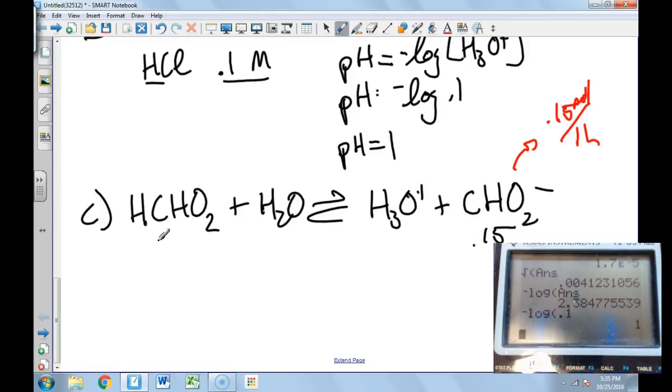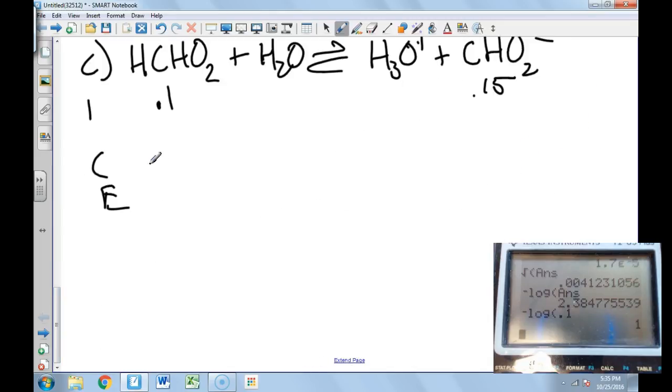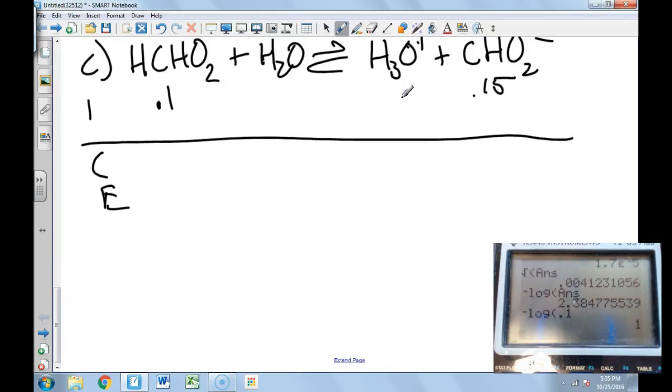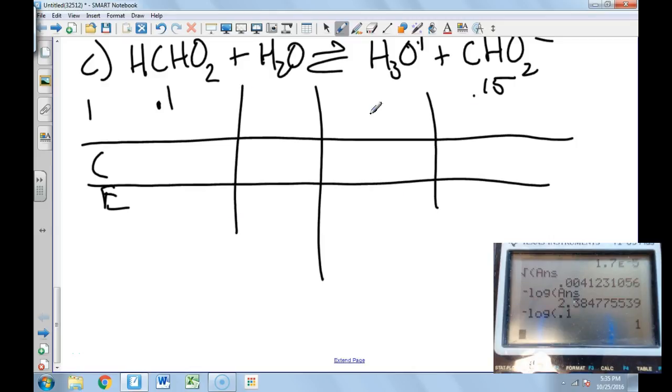And then this concentration is 0.1 moles over 1 liter, which is 0.1. Now, there's our ICE table. So now this is what we want to see.